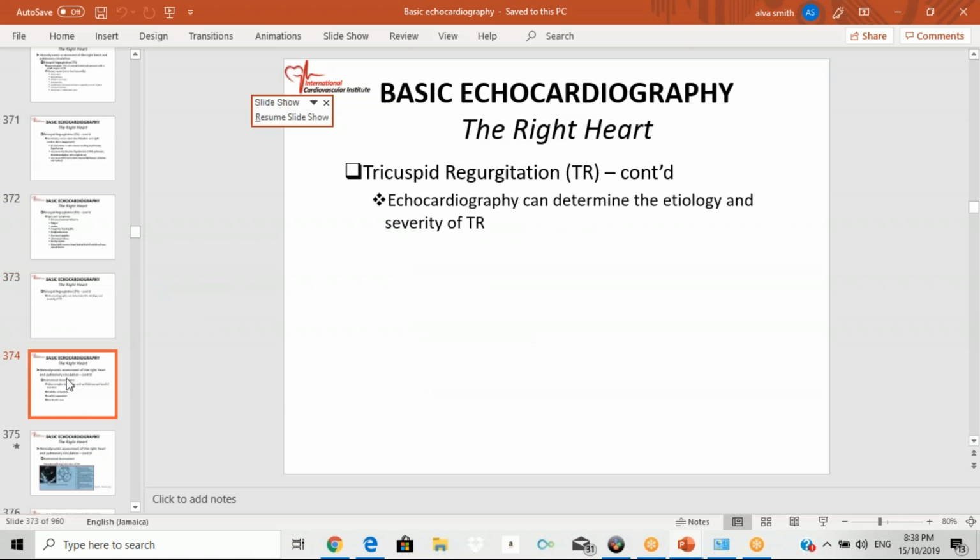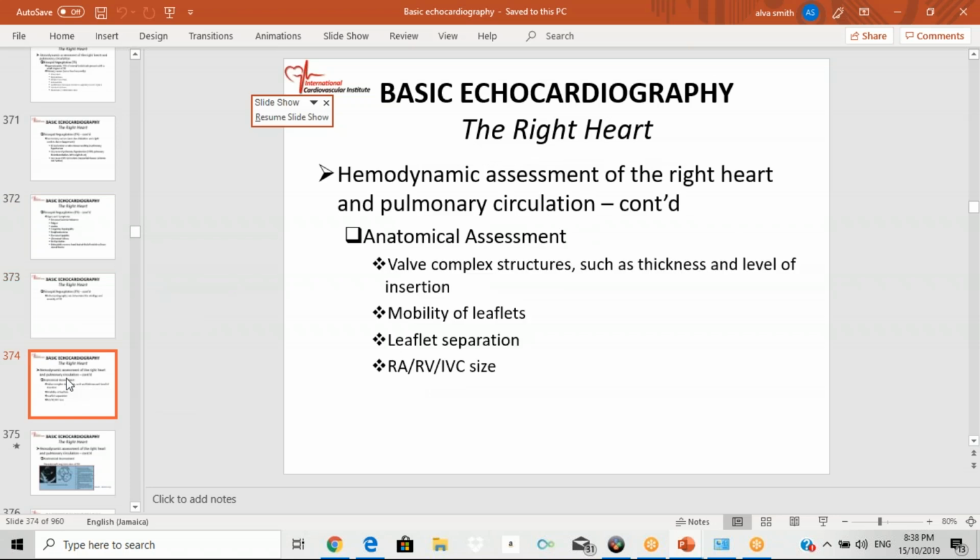All right, so how do we determine the severity of tricuspid regurgitation? The same way we look at the mitral valve and mitral regurgitation, you look at the valve structure, because if you see, say, a few cords are ruptured, papillary muscle rupture, you know you're going to get significant tricuspid regurgitation.